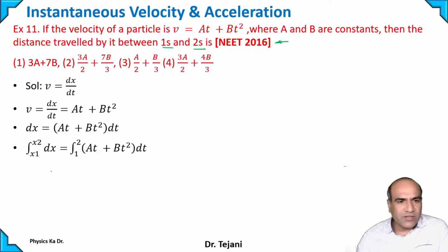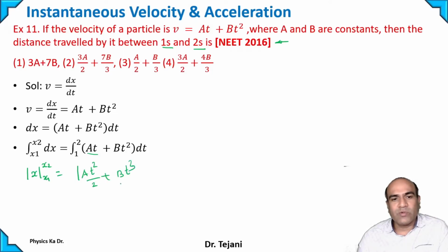Put this equation here. So what becomes here? x from x1 to x2 is equal to at square divided by 2 plus bt cube divided by 3, from 1 to 2.